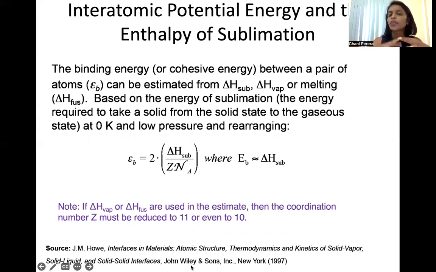It can be the enthalpy of sublimation, enthalpy of vaporization, or enthalpy of fusion, which is when a solid is melting to a liquid. So that's another way of calculating that binding energy between a pair of atoms, or if you know the Lennard-Jones potential, if you model it, you can then calculate the epsilon B, but that's not the only way, right?